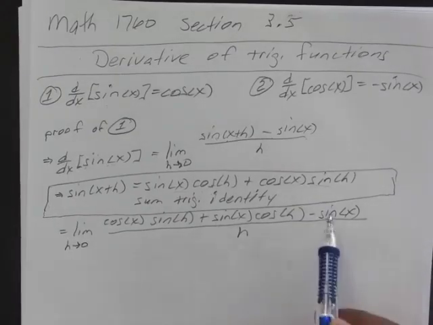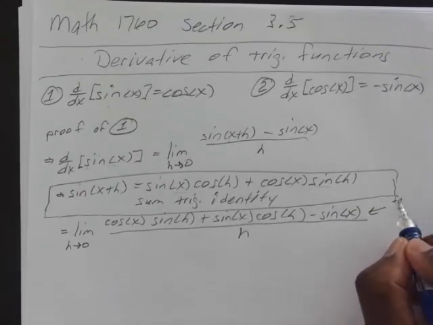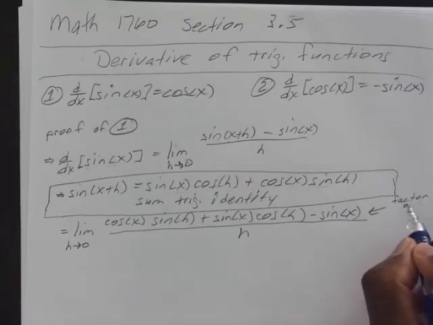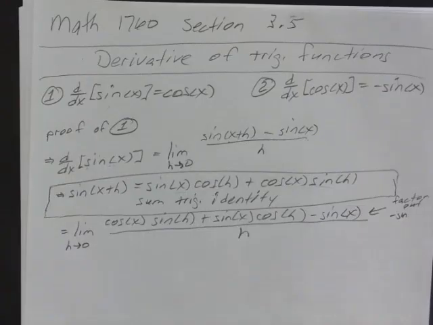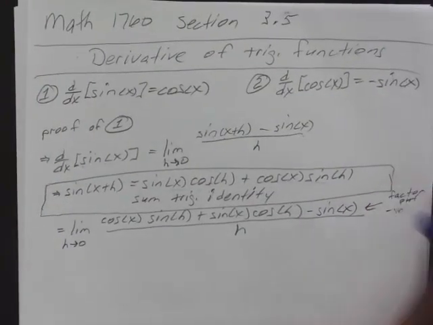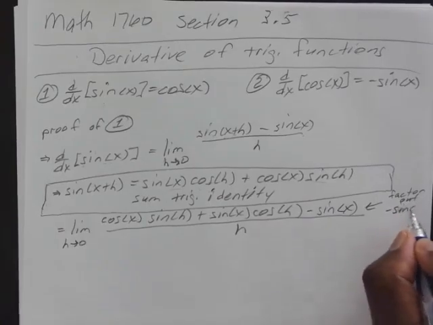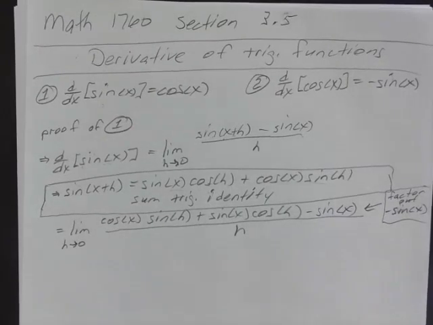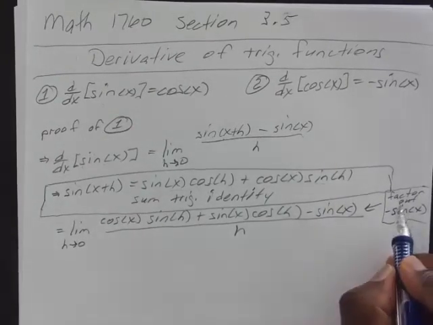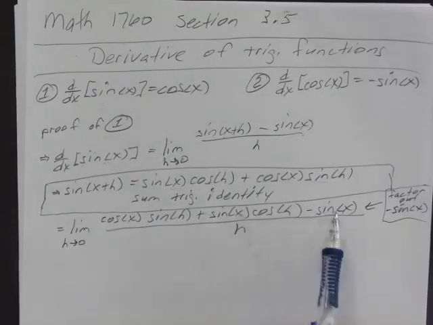Okay, so for these last two terms, we're going to factor out negative sine of x. So we factor out negative sine of x from those two terms.